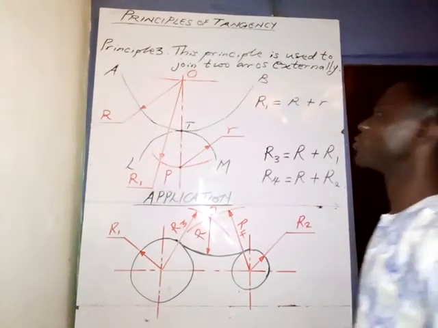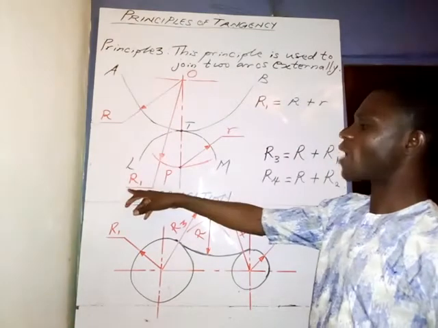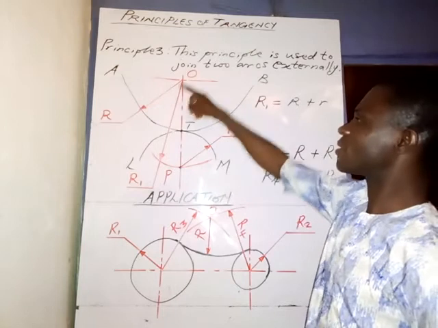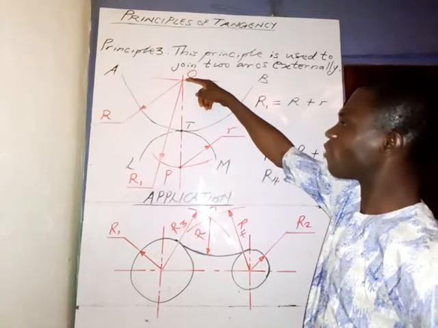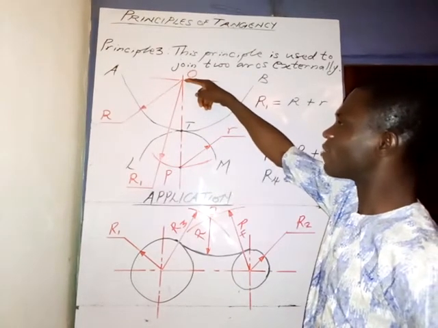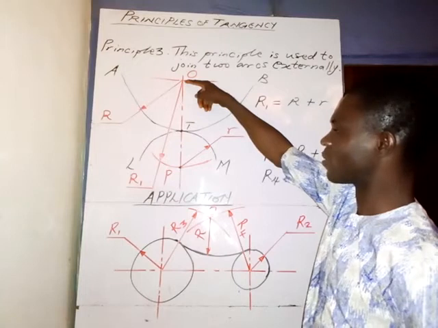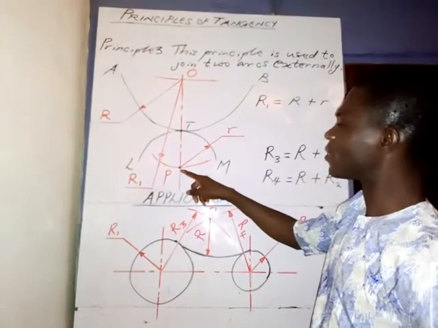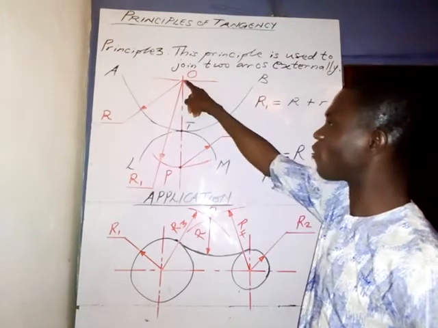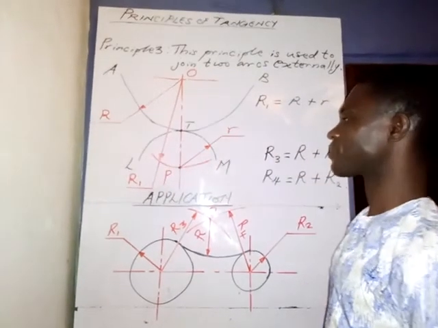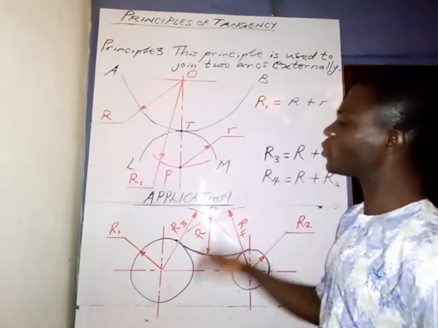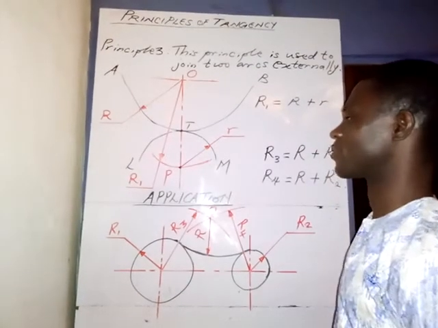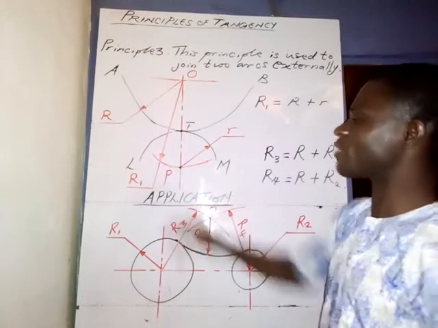What we need to do is to determine the value of R1. R1 is the radius or distance from this point O to this point Q, which is also equal to the distance of O to this point. So how will you determine the value of R1?